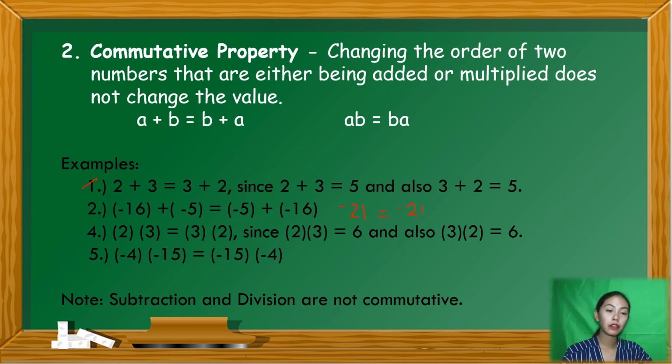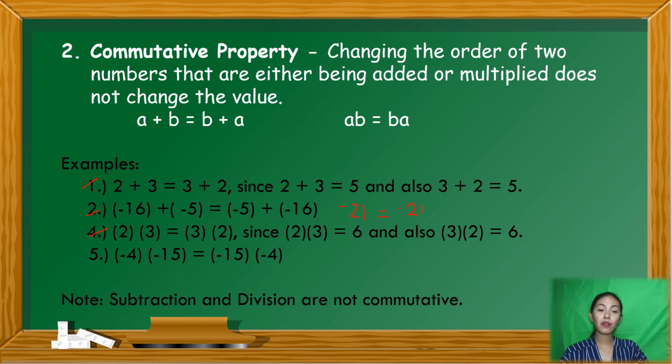Number 3: 2 times 3 is equal to 3 times 2. Since 2 times 3 is 6, 3 times 2 is also 6. Number 4: negative 4 times negative 15 is equal to negative 15 times negative 4.